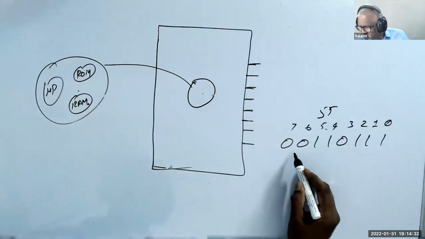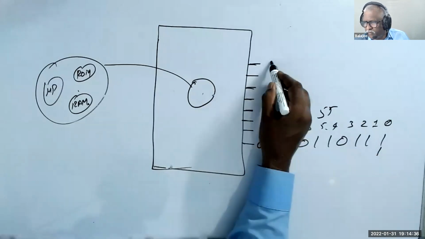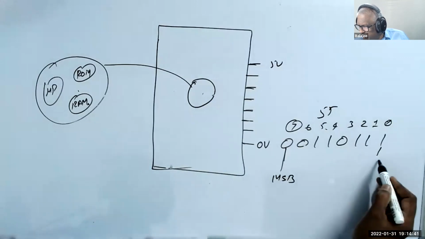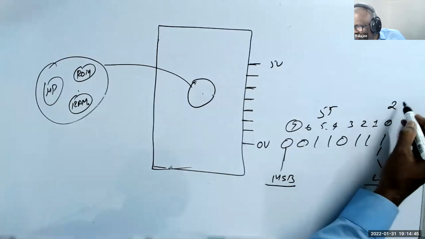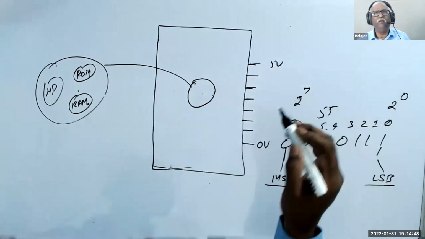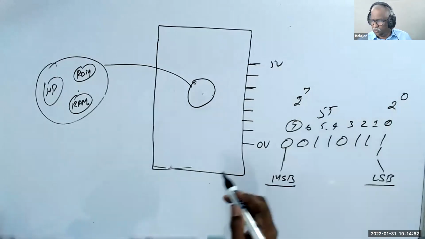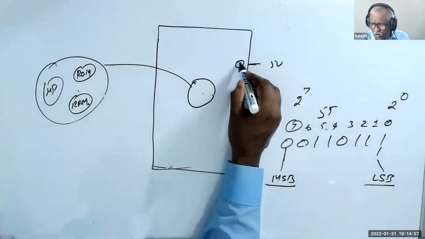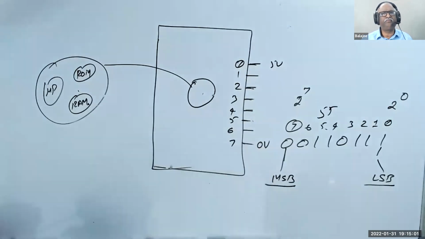Here, 0 means 0 volt, 1 means 5 volt. And bit 7 is called MSB and bit 0 is called LSB, the most significant bit and the least significant bit. This is 2 power 0, this is 2 power 7. So if you output any value, it will go from here. This is 0, 1, 2, 3, 4, 5, 6, 7. You understand?